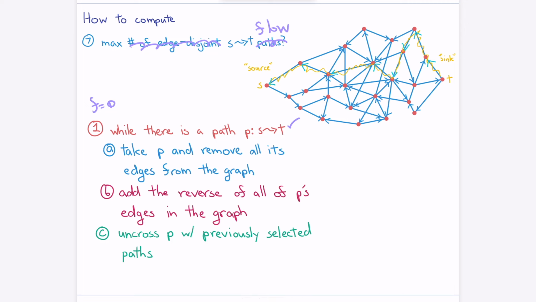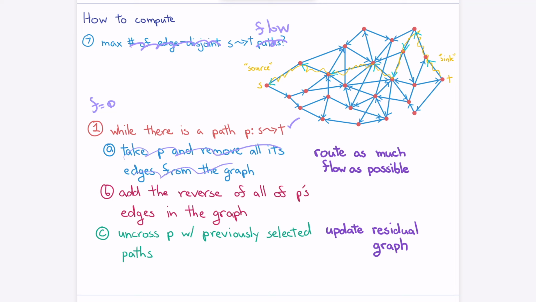Maybe we'll just route flow along the path, and a reasonable thing is to route as much flow as possible. You find some path from S to T, using edges that have positive capacity, but there's going to be some bottleneck edge. If this edge only has capacity 1, that's as much flow as you can send. So once you find this edge, you can route as much flow as possible.